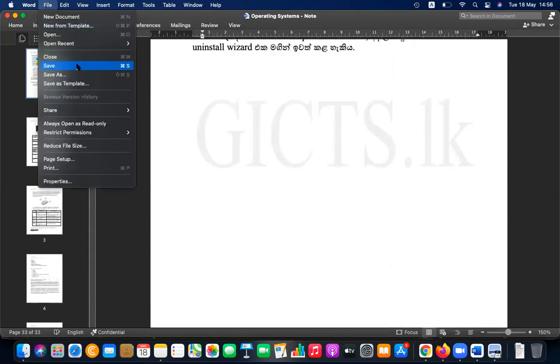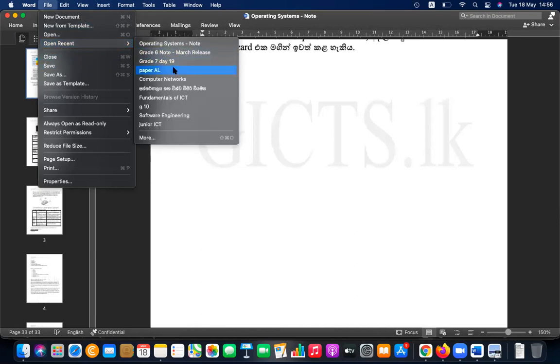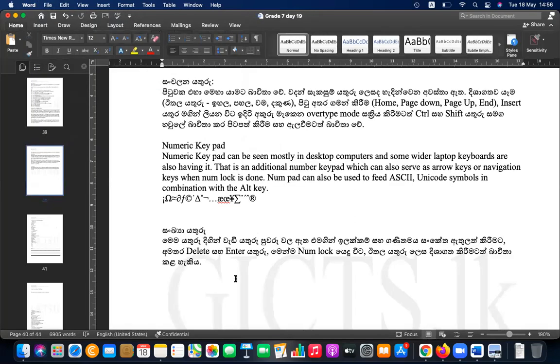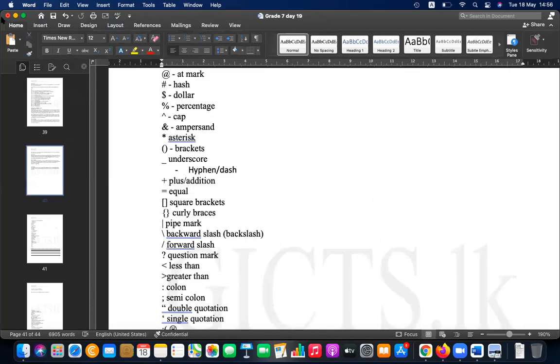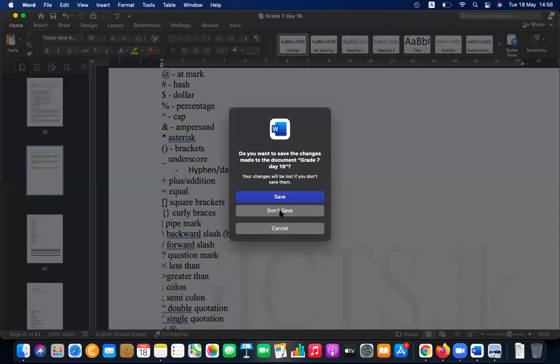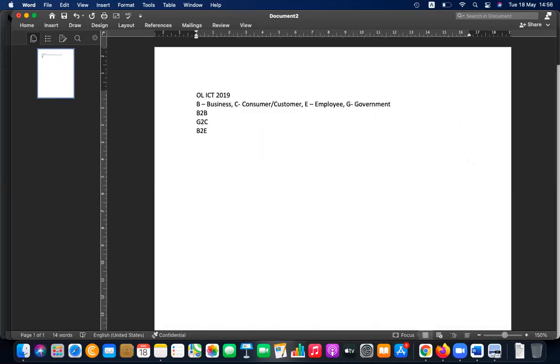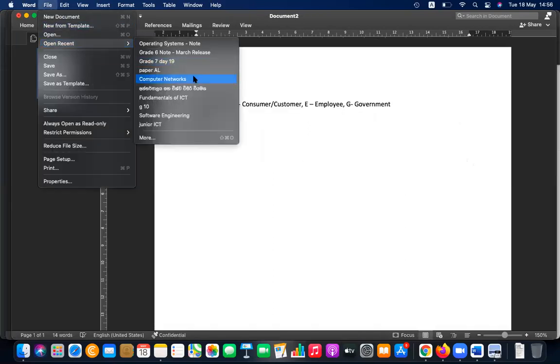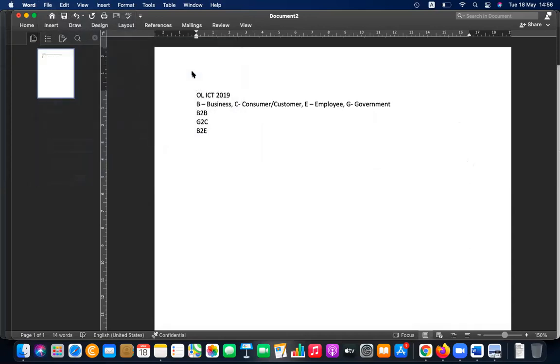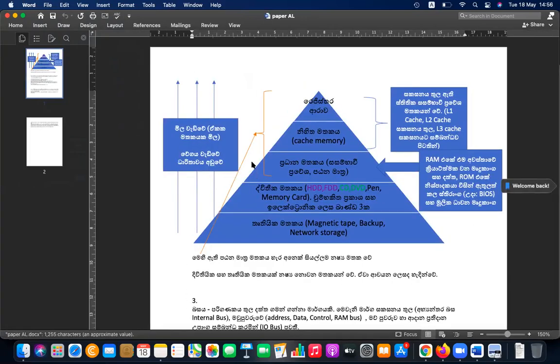No, not that one. That one even. Okay, so this has all the details, right? This is taken from Advanced Level 1, but anyway, it's related to you as well.